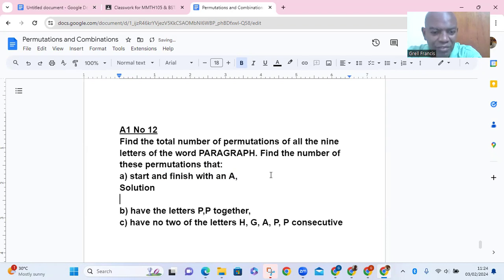So to start and finish with an A, let's set up the visual. So there are 1, 2, 3, 4, 5, 6, 7, 8, 9 letters.